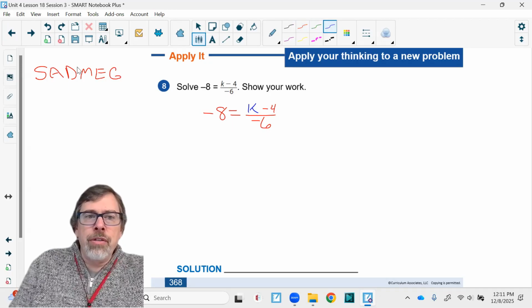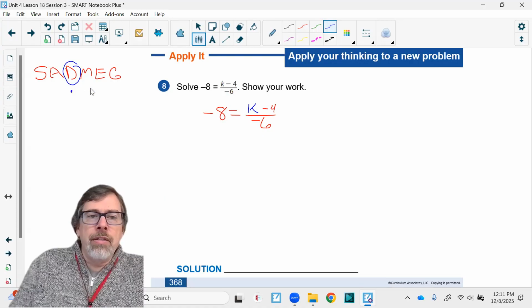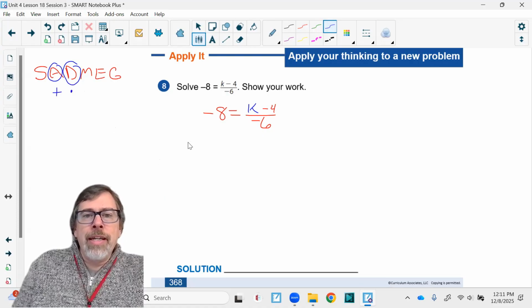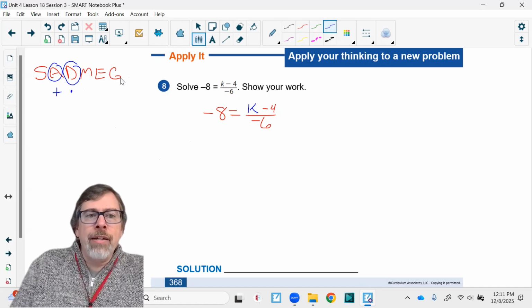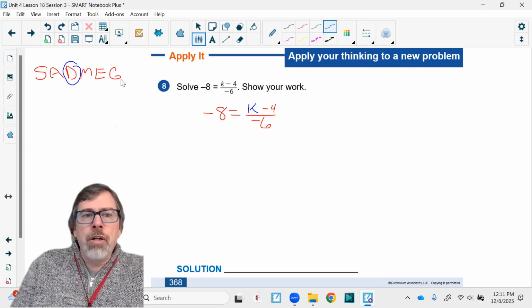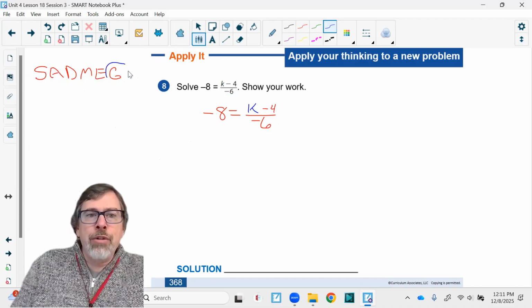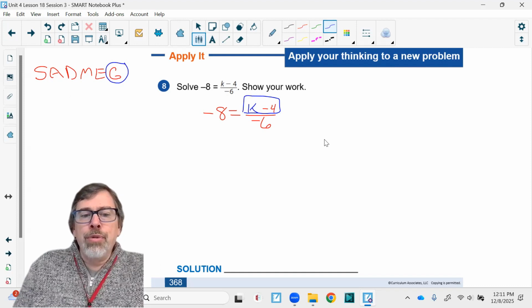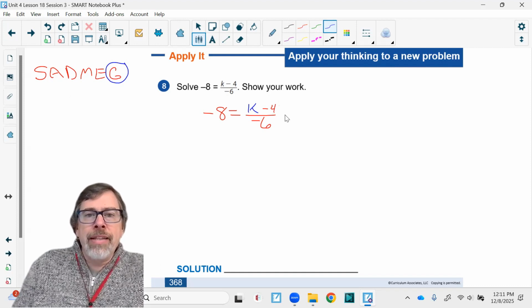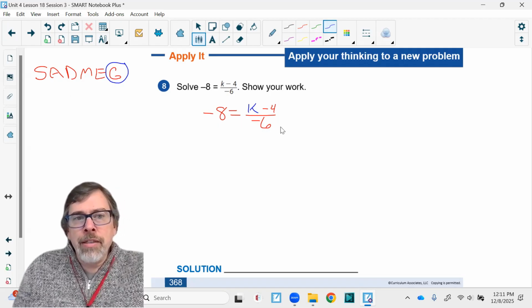This is division, that's here. Opposite of division is multiplication. And this is subtraction. The opposite's addition. However, again, you don't do the addition first. Why? Because grouping trumps everything. We have a group. This that's in the numerator is a group. I've got to get that group by itself before I can do it. It's like peeling the onion again.